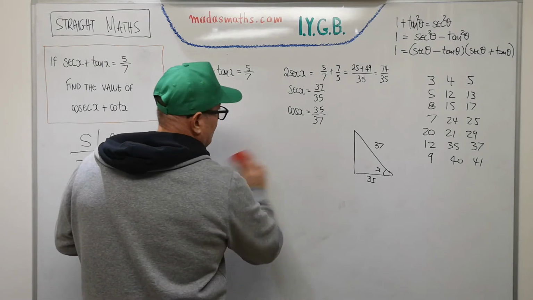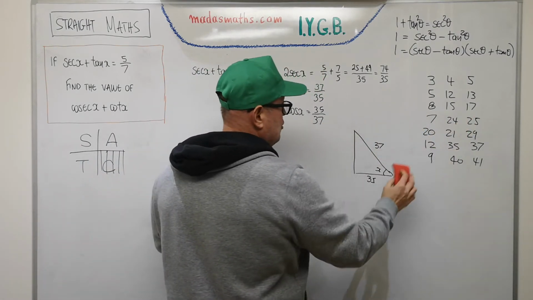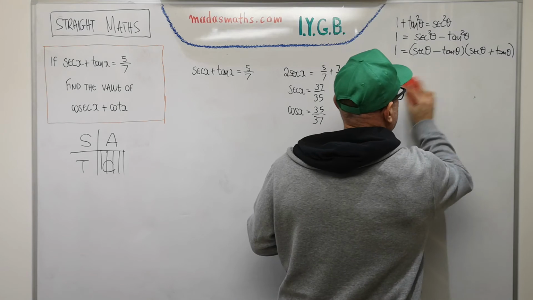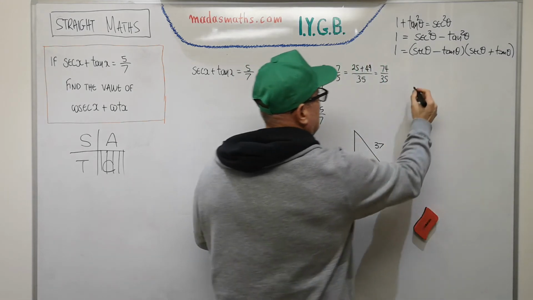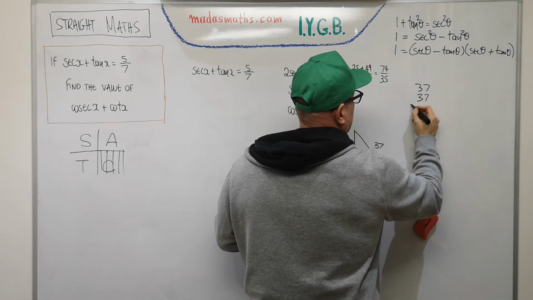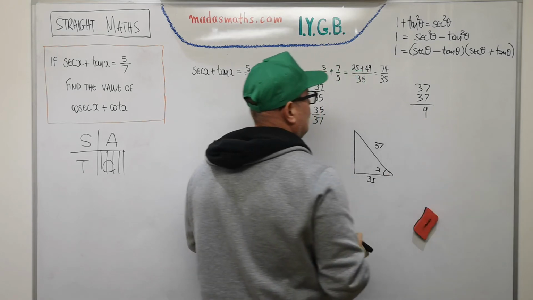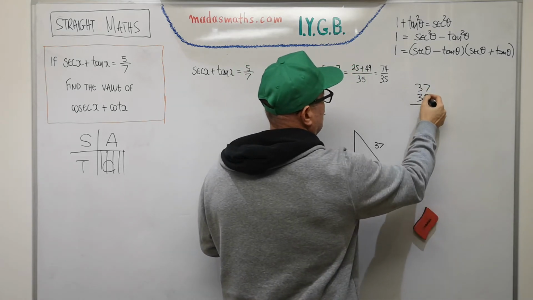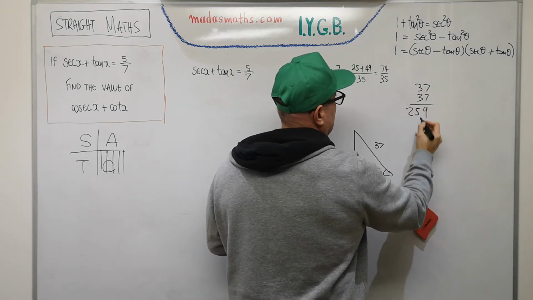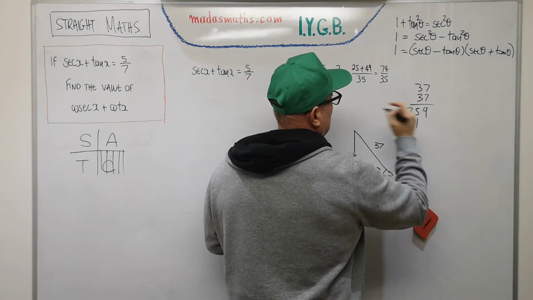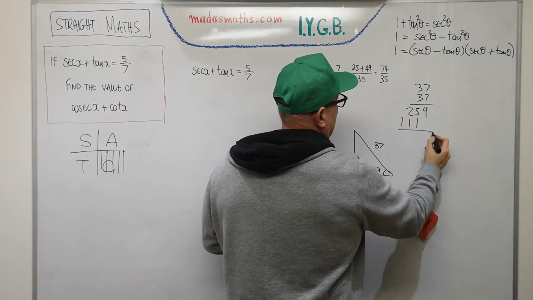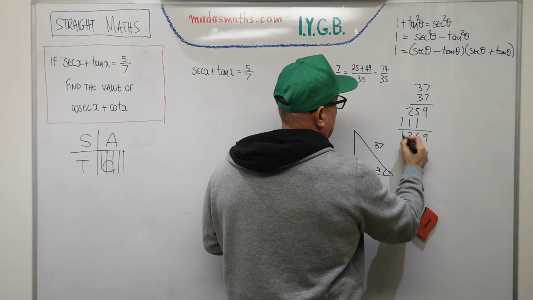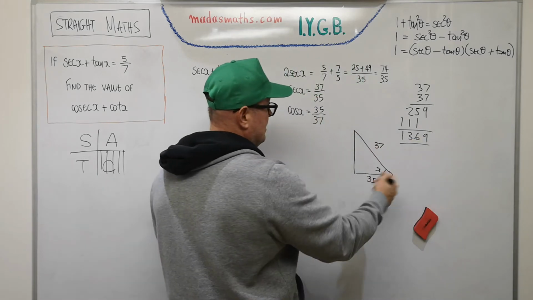First of all, if you don't know these triples, it's not a problem to do a quick Pythagoras in there. 37 squared: 7 times 7 is 49, and we carry 4, 3 times 7 is 21, 25, 3 times 3 is 9, 11, and we get 1369. That's the 37 squared.